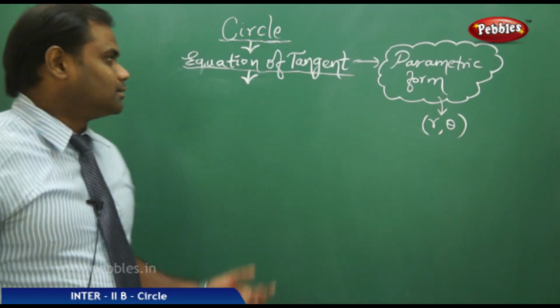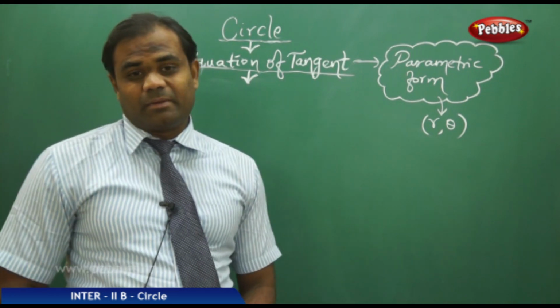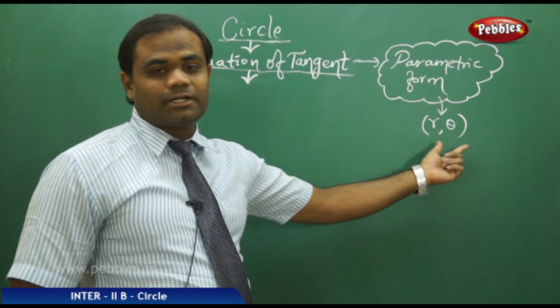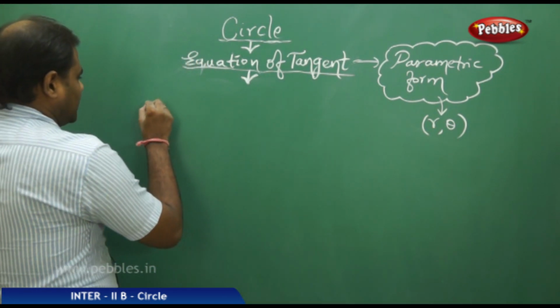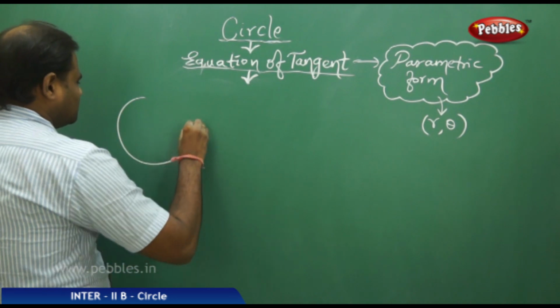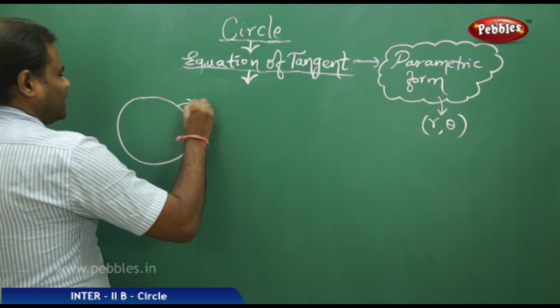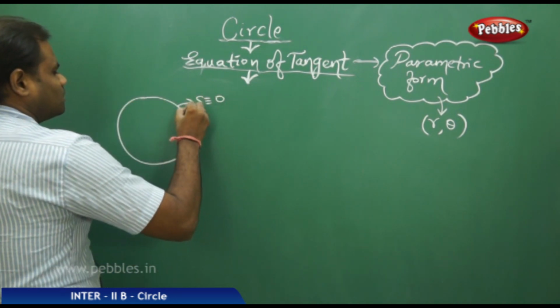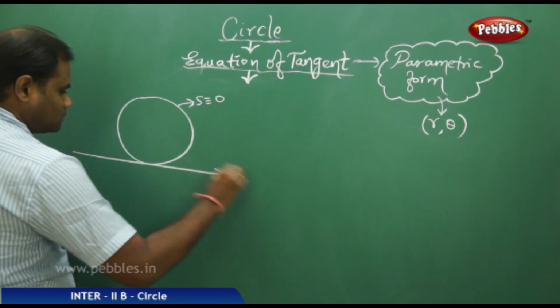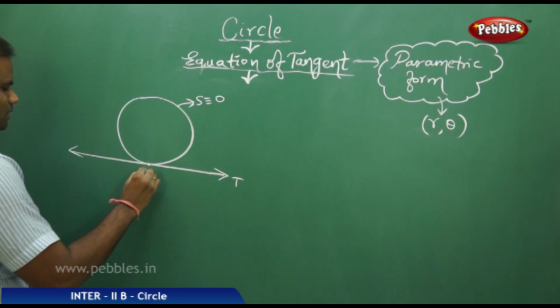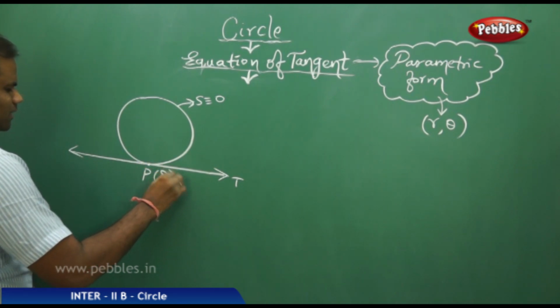Similarly, let's see the equation of tangent in parametric form for the polar coordinates r, theta. Say for example, I have a circle S equals 0, and then I have a tangent T at P theta.